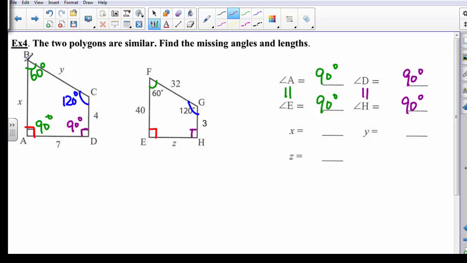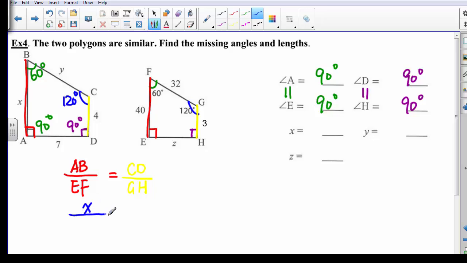We see X is side AB. This side corresponds to EF. I put these two corresponding sides in one ratio. And this ratio should be equal to CD and GH, because these two yellow line segments are corresponding sides. So CD over GH. Right now, let's plug all the numbers in.